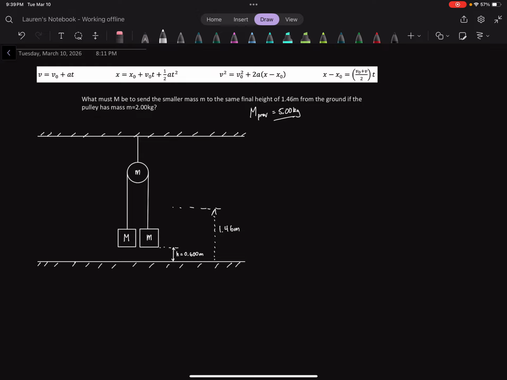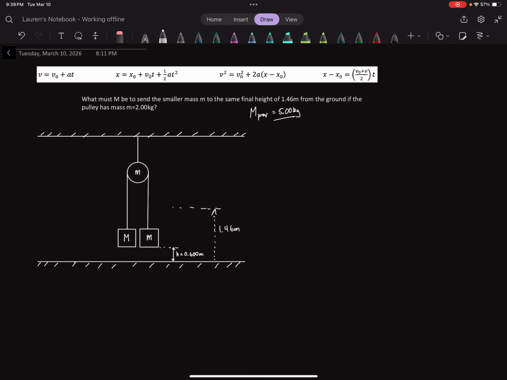And so the big M block must need to weigh more than 5 kilograms to get that little m block up off the ground the same amount. It must be heavier. So we're going to expect an answer of greater than 5 kilograms, but not sure by how much. It's kind of an interesting problem.